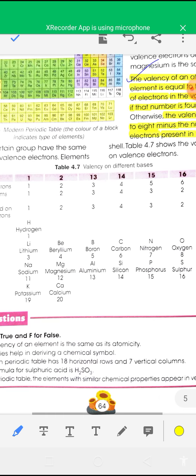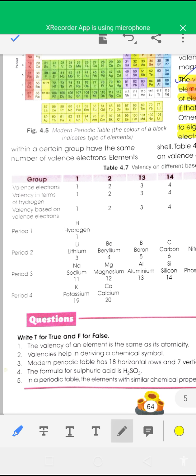In table 4.7, the valency of different elements is shown, based on the number of valence electrons.